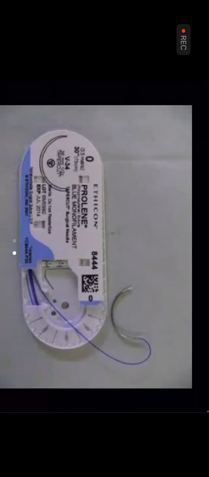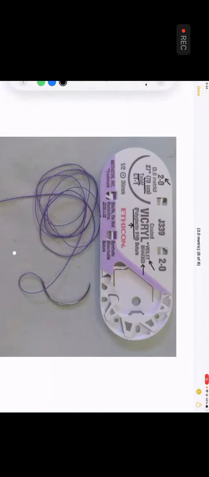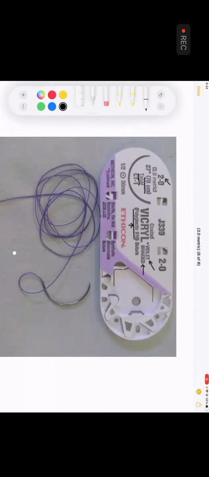Okay, fine. Now, how have the manufacturers indicated that? Let me take this one. This is easy. The manufacturers have indicated that this is a taper cut. That means it is again a cutting needle, better called a taper cut. Please see the curvature of the needle.